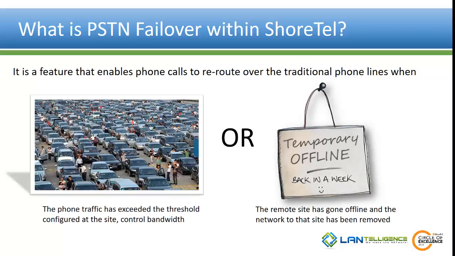So I'm a user on a ShoreTel system at site A, I can call and use PSTN Failover for site B. If I'm an external caller and I call into my auto attendant in Toronto and I want to reach somebody in San Diego, I'm going to hear, I'm sorry, that extension is not available, because it doesn't work that way. Not sure why, because technically there's still a transfer between an auto attendant, but that's how it works. So it is really the ability to support inter-site transfers between multiple locations.